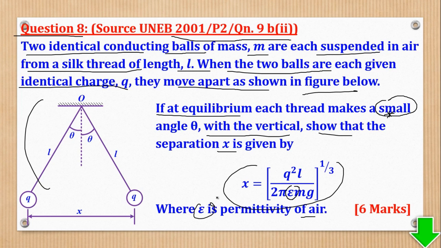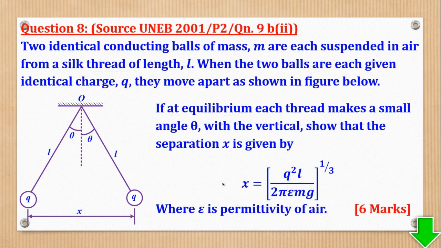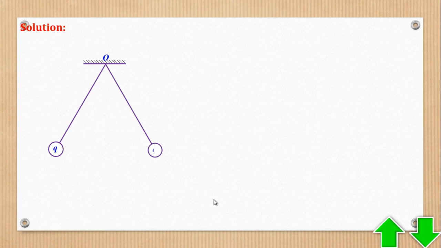But in this case, because it was specified that this one means permittivity of air, then you don't again replace it. Okay, so we still have to redraw the diagram such that we can show the forces acting on each ball. So we shall come and redraw what is given, after which we shall show the forces.